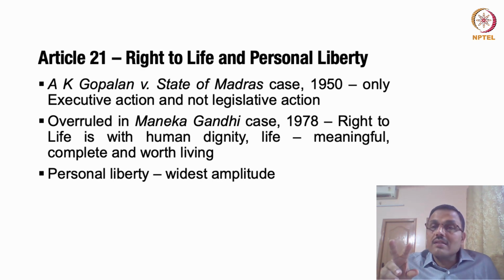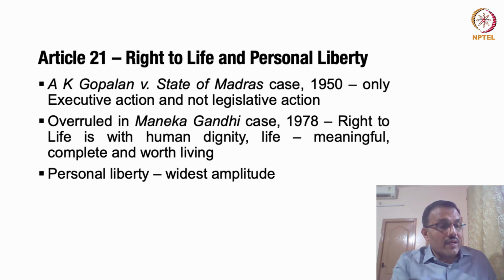Personal liberties are your freedoms, what human beings aspire in terms of liberty of thought, process, belief. And the second part is the right to life, which means every citizen has this kind of a right which cannot be taken away by the state, however, except by the procedure established by law.